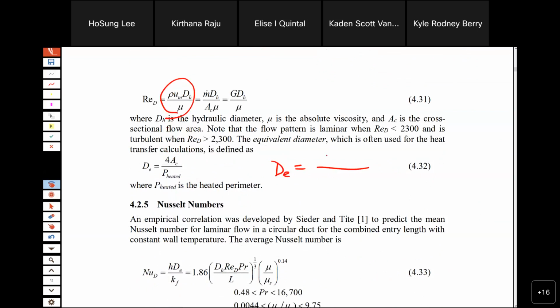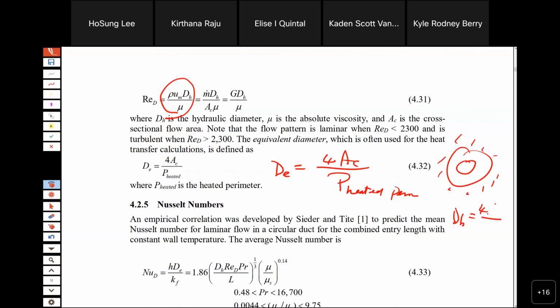Okay. Sometimes they use an equivalent diameter. What is the equivalent diameter? It uses the heated perimeter, not the wetted one. So for an annulus where heat transfer occurs with one wall insulated, for example, what is the hydraulic diameter? For AC, no problem, you know the flow area.